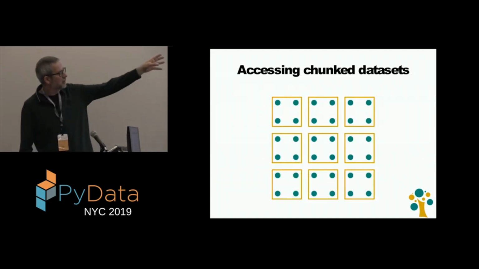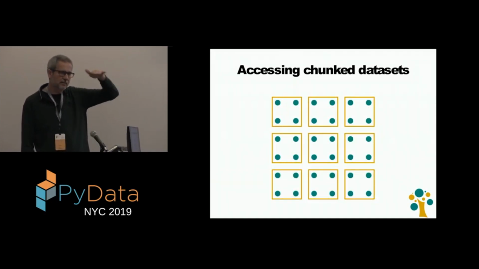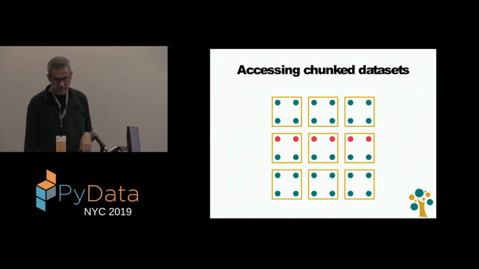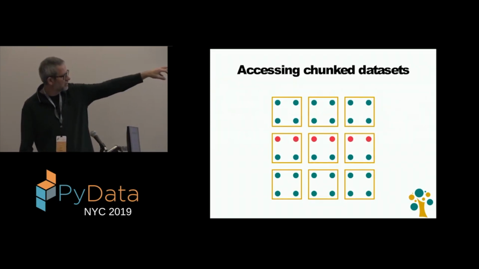Maybe if we want to provide better access in the x-axis and y-axis, a better partitioning would be to create these squares. So make the chunks as square as possible, so that if we want to access these values again, we only have to decompress 3 chunks, not the rest of them.